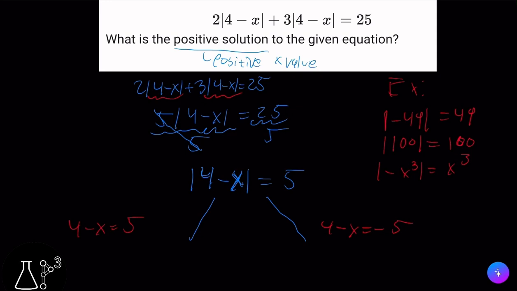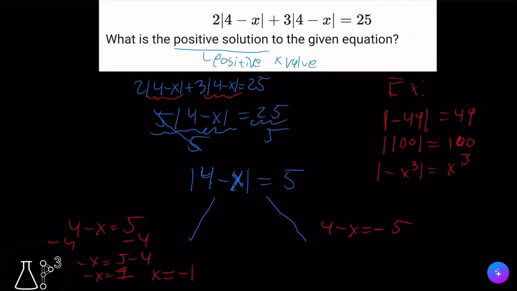If I move the 4 on the left side, so we subtract 4, I get negative x, which equals 5 minus 4. Subtracting 4 from 5, we get negative x equals positive 1. Then we multiply everything by negative 1, and we get x by itself, which equals negative 1.